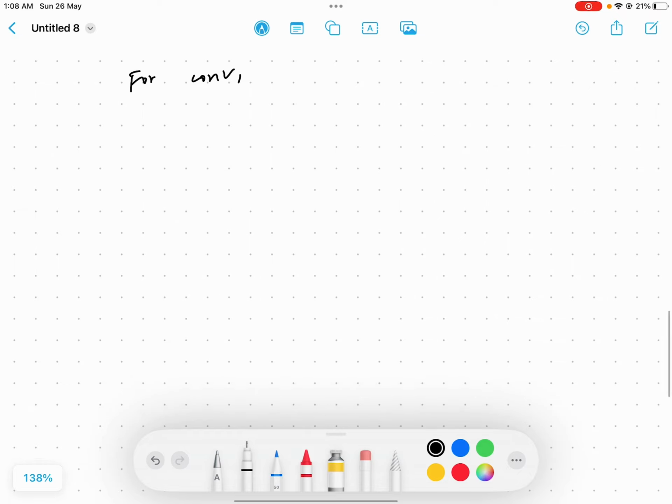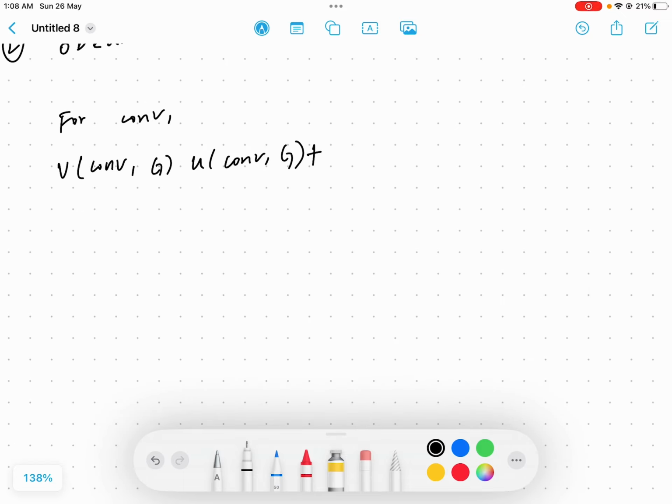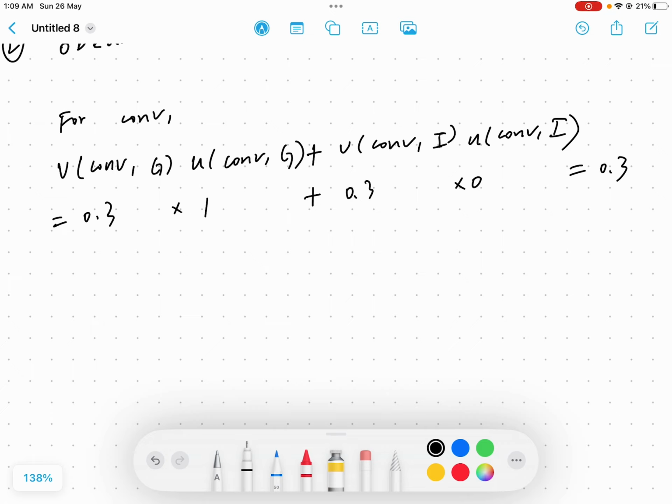So V of convict, G, U convict G, the first is no deviation, the obedience here, plus V of convict I, U convict I. So in those two cases, what is the expected utility induced from convict? This is 0.3 times 1 plus 0.3 times 0, which is 0.3.